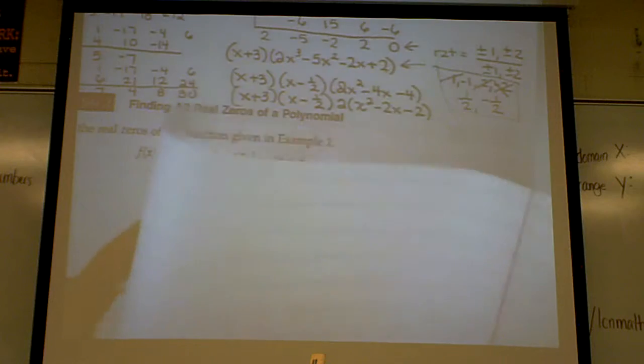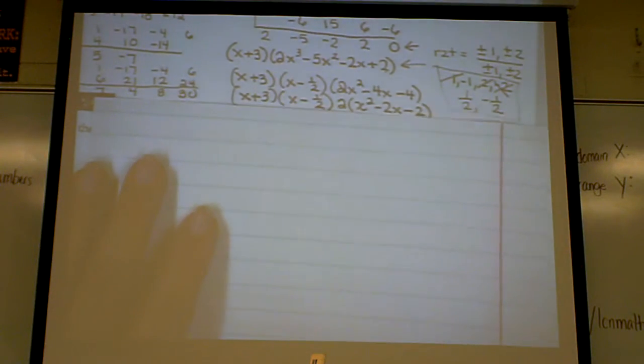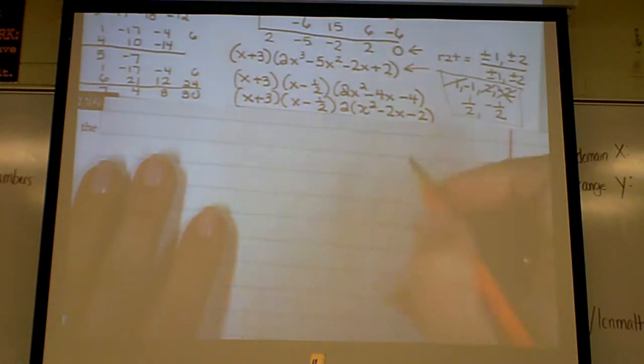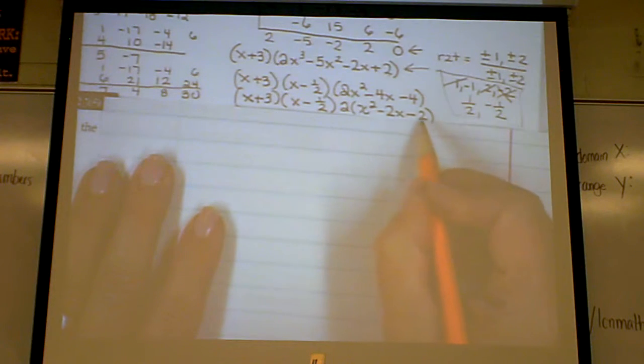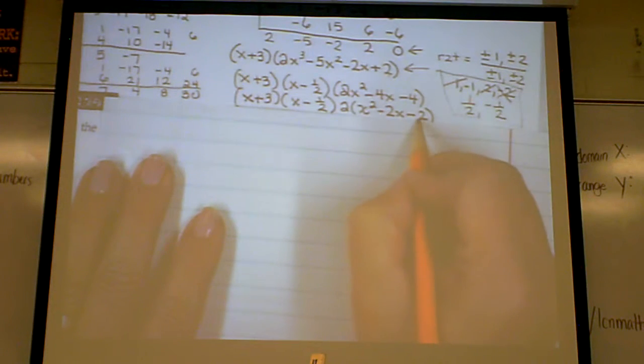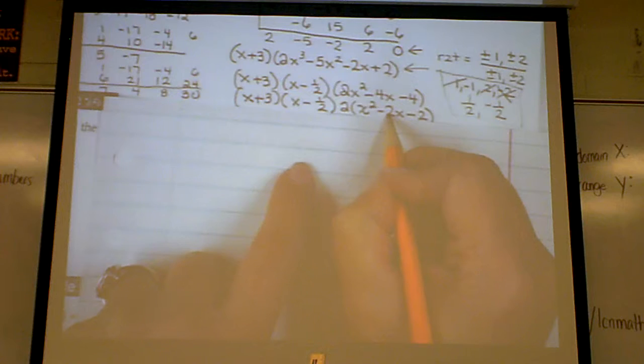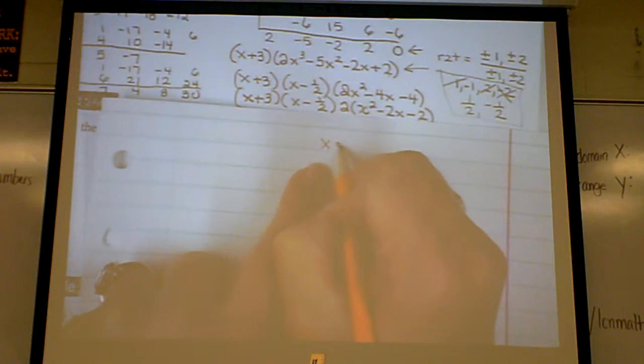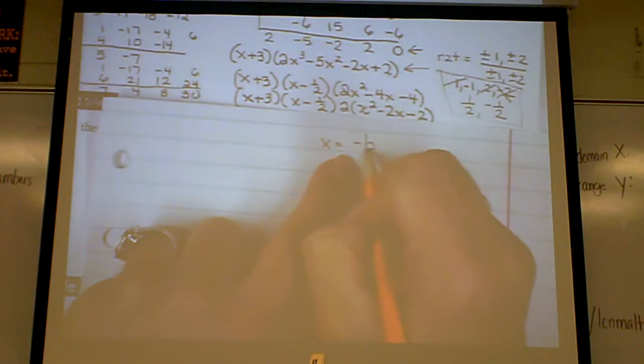Now, can you simply factor this? No. You cannot simply factor this, because I don't know what times what is -2, but adds to be -2. So now what we have to do is do the quadratic formula.